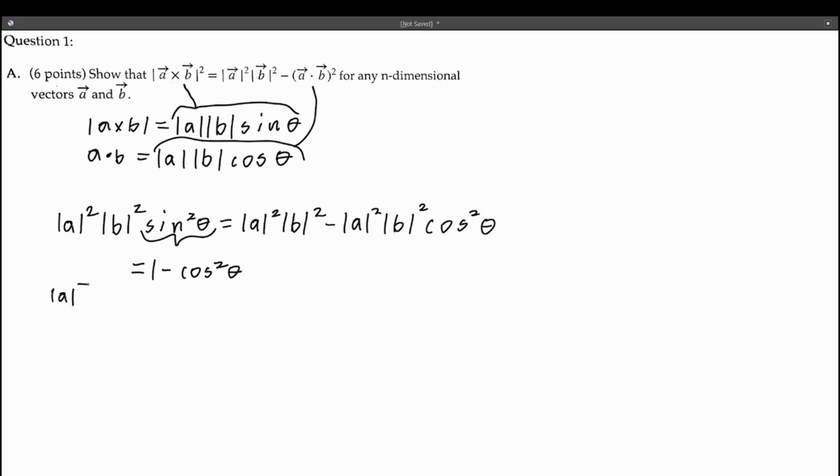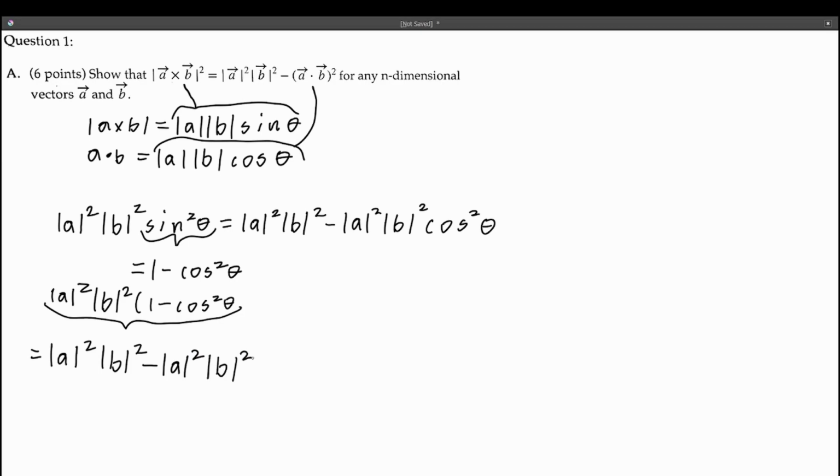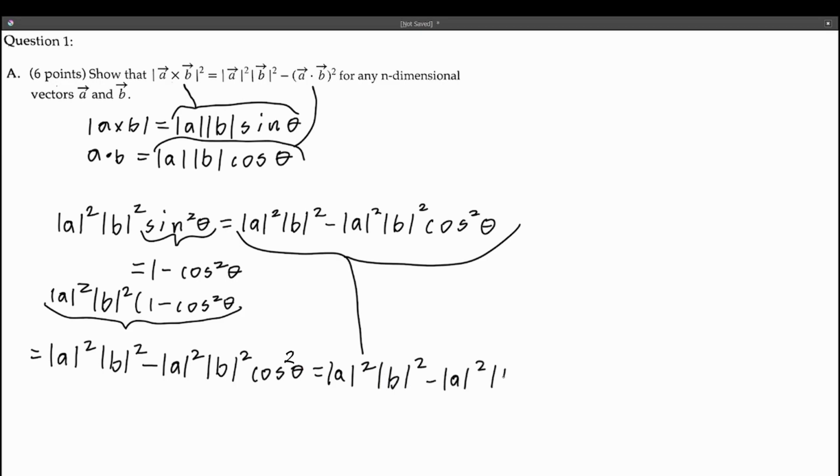So the magnitude of a squared, magnitude b squared, times 1 minus cosine squared of theta, you simplify it, equals magnitude a squared, magnitude b squared, minus magnitude a squared, magnitude b squared times cosine squared of theta, which equals, as we have right up here, the right-hand side.